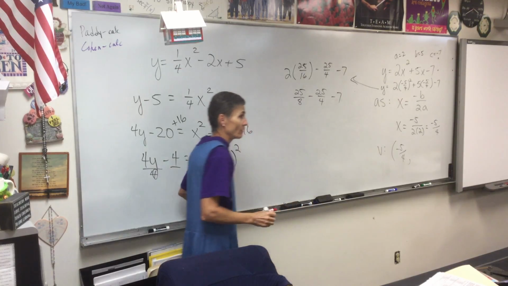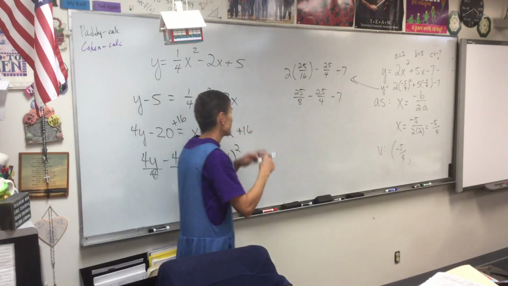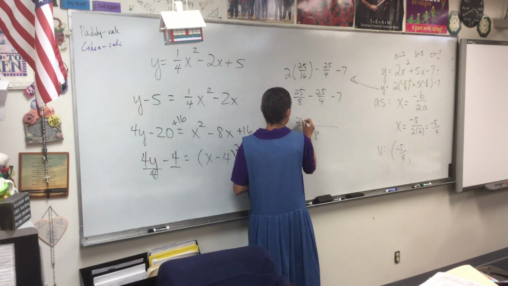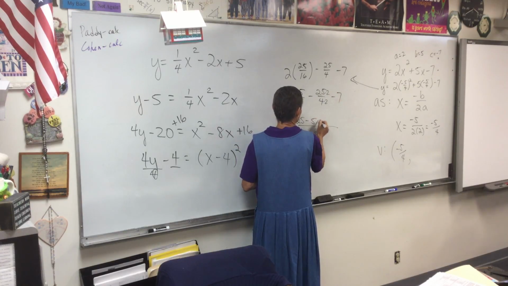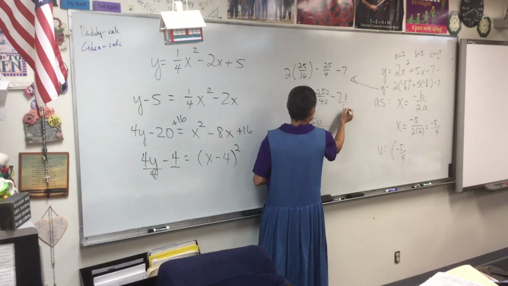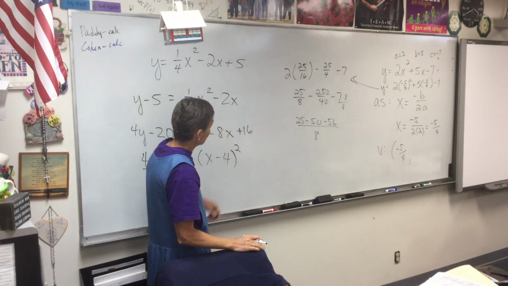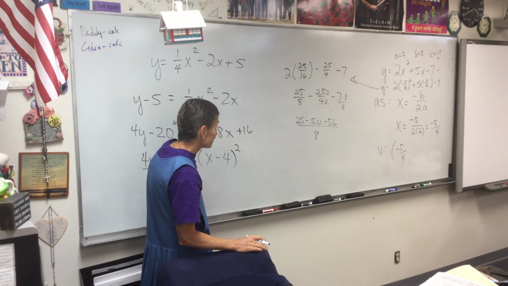How am I going to combine all that? What am I going to have to do? Get my good old common denominator again, which would be 8. So I have 25 minus 50 minus 56. Which is, let's see, what would that be?